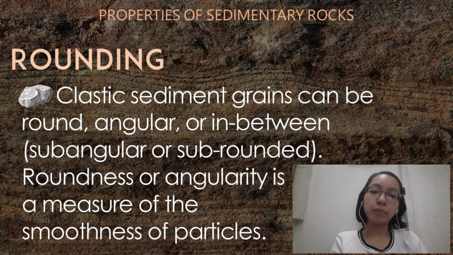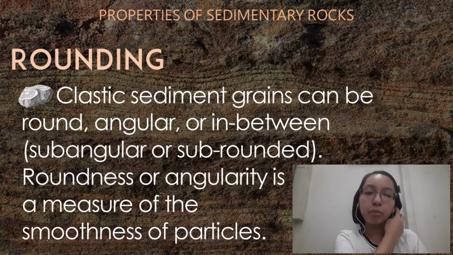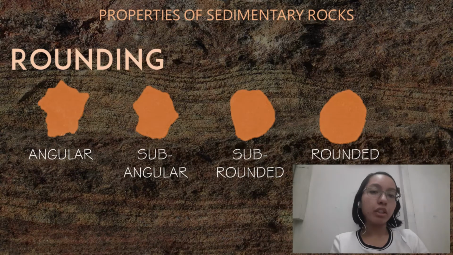Next is the rounding. Clastic sediment grains can be round, angular, or in between. Roundness or angularity is a measure of the smoothness of particles. So makikita nyo sa picture. Yung angular, meron siyang maraming edges or angles sa gilid niya. While yung subangular, compare mo sa angular, hindi siya ganun karami ng edges or angles.